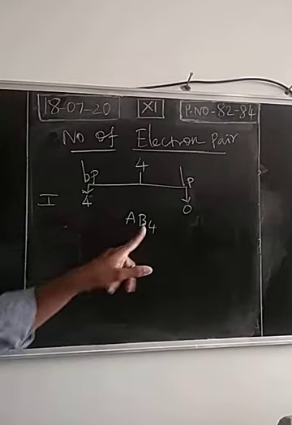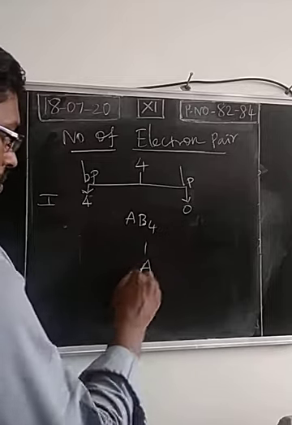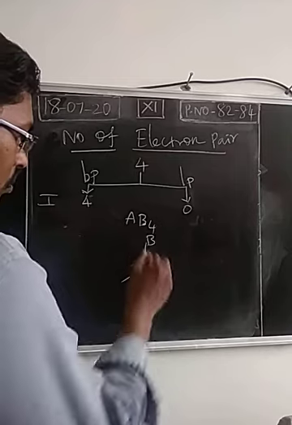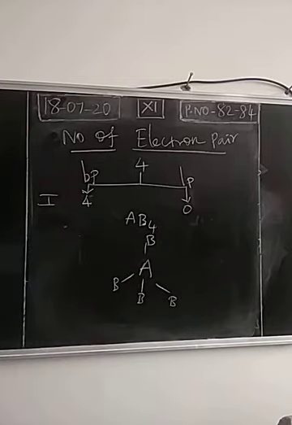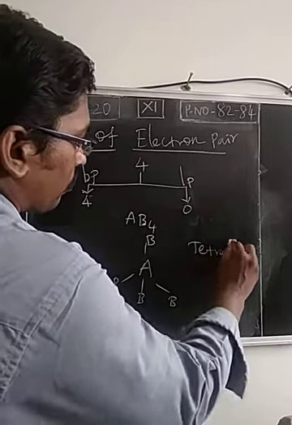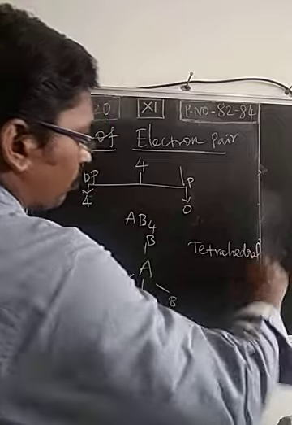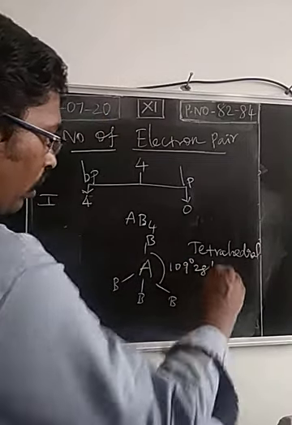So central atom A, 4 combining atoms. So expected geometry tetrahedral. So this is tetrahedral geometry. Bond angle 109 degree 28 minutes.